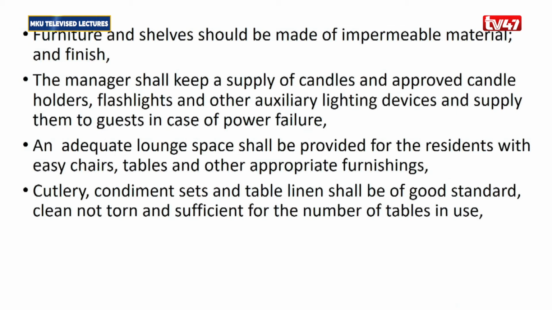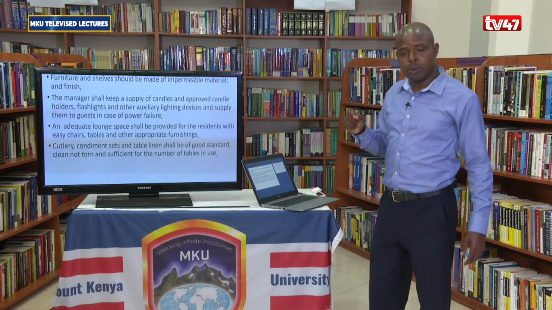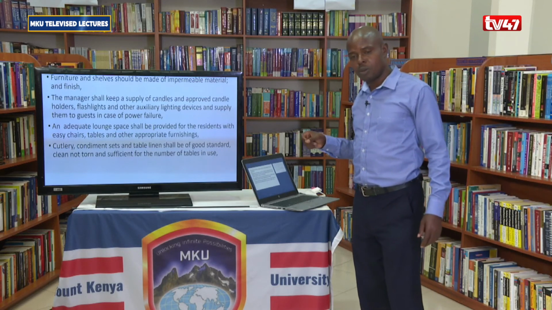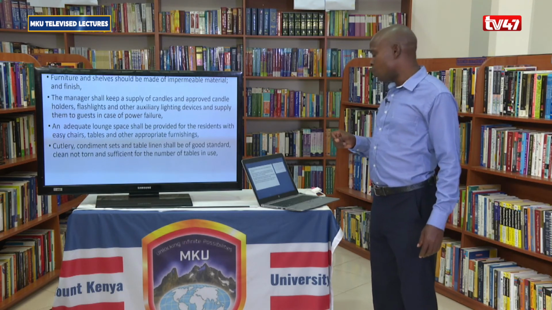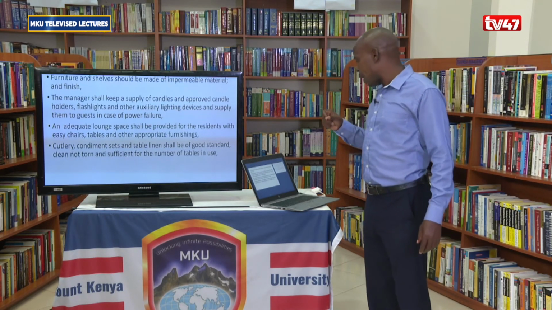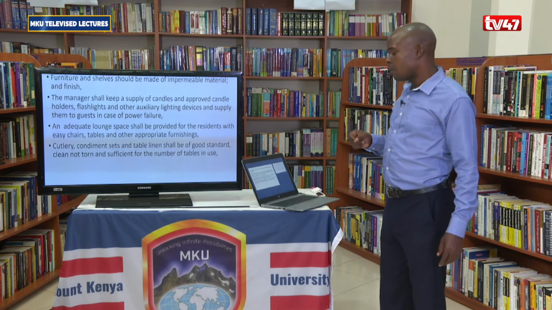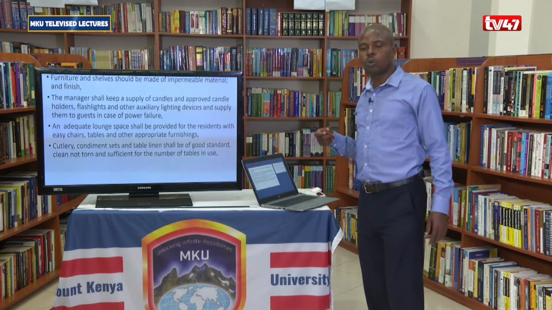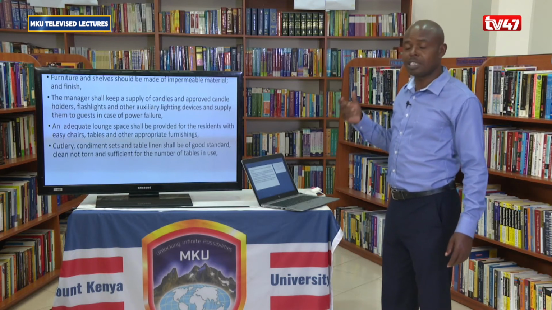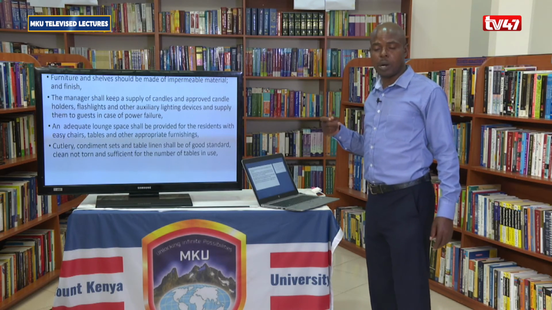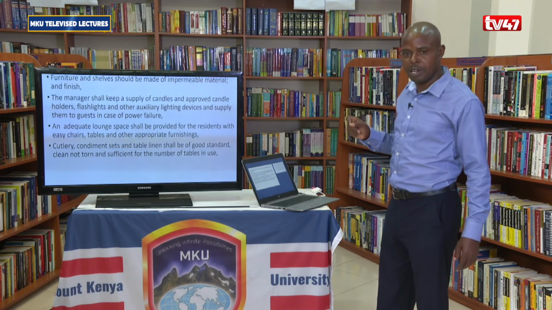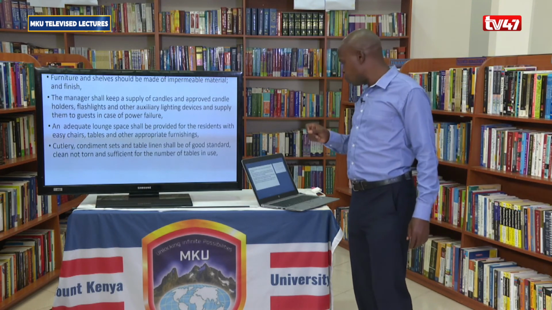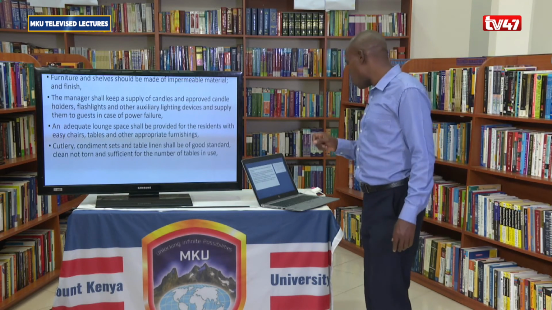So normally, the law requires that once the guest is in the room, the guest must be provided with candles or a flashlight that the guest will use maybe when the power goes off. So in case of any power failure, the guest is able to use the flashlight or the candles.